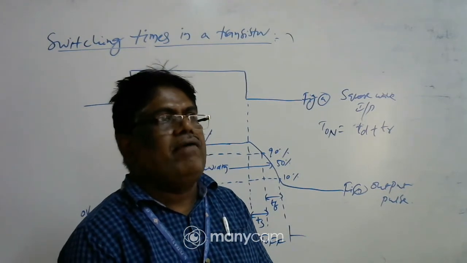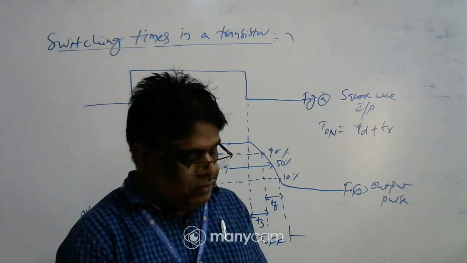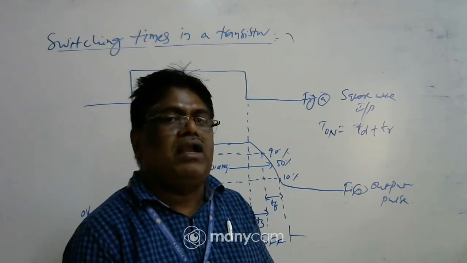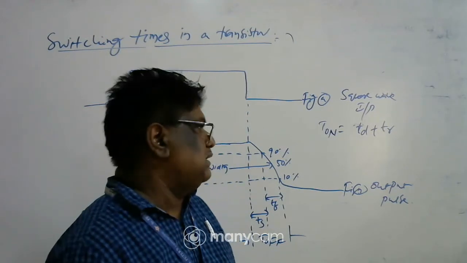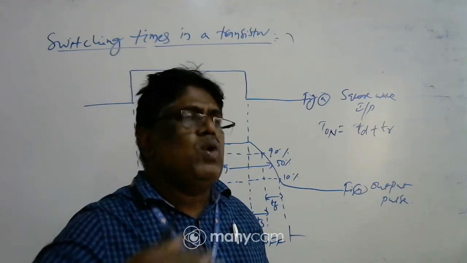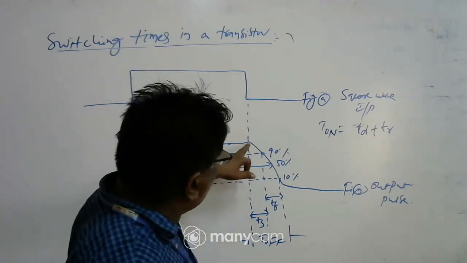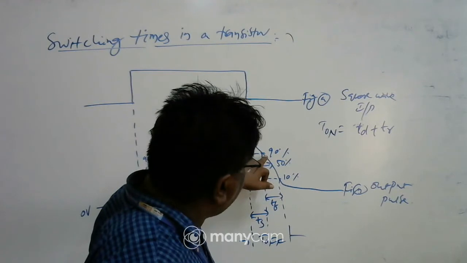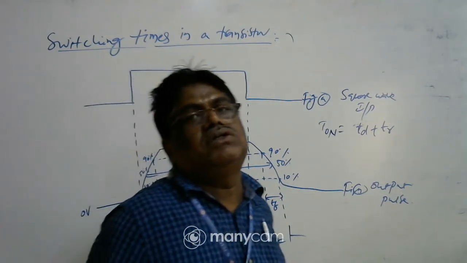So once again I will explain storage time. The time interval between the end of the input pulse, that means the trailing edge, and when the output falls to 90% of its maximum value is called the storage time.